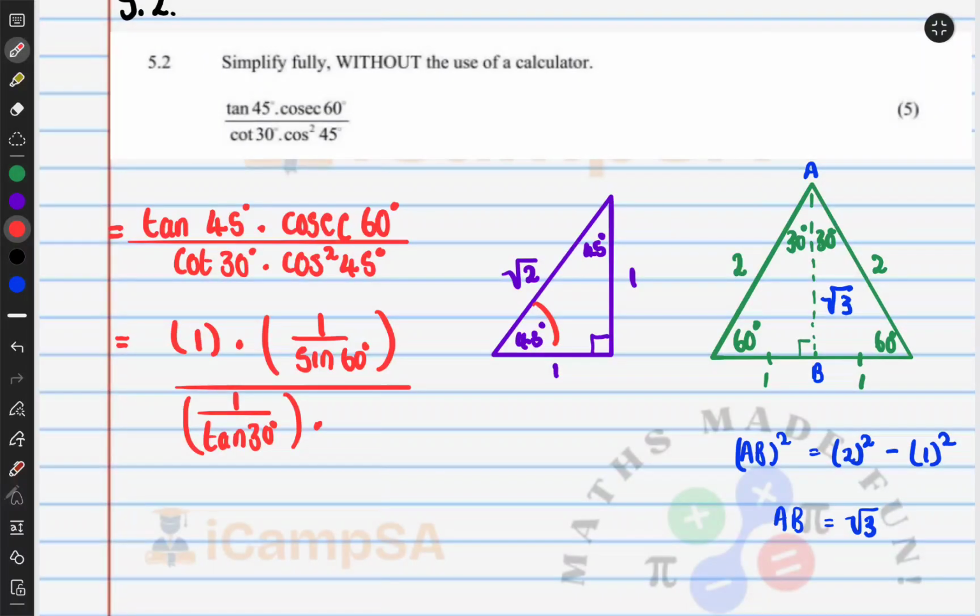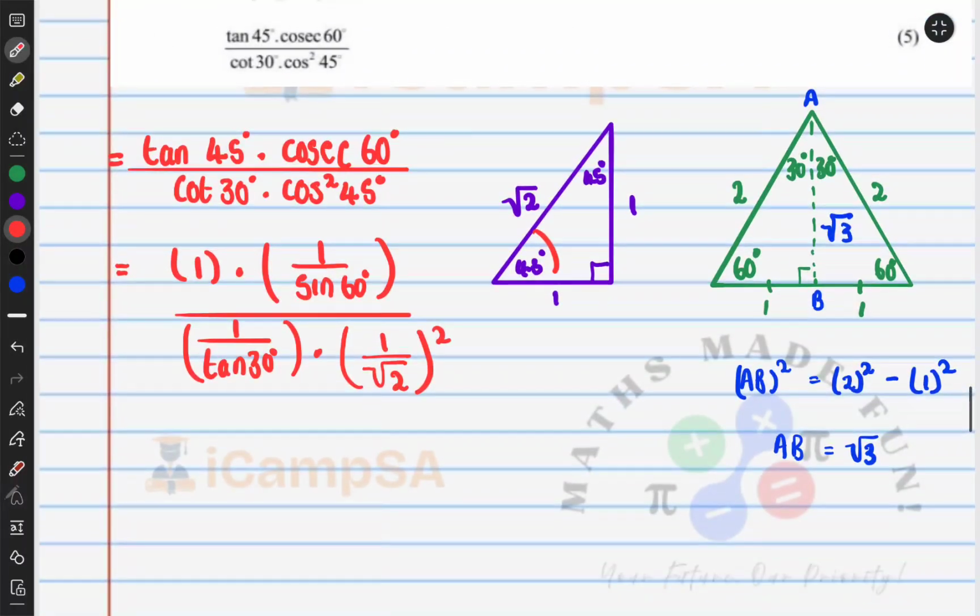Cos 45 is adjacent over hypotenuse, which is 1 over root 2, so 1 over root 2 squared. Therefore this is equal to 1 multiplied by 1 over sine 60.